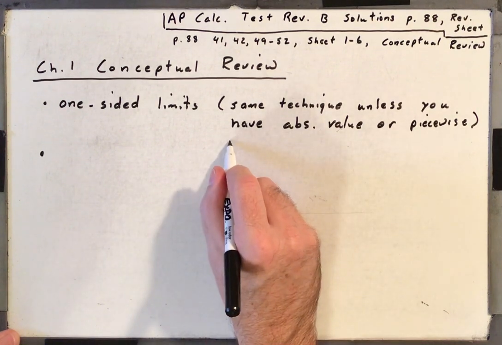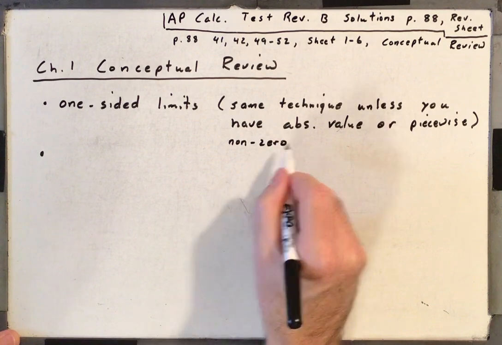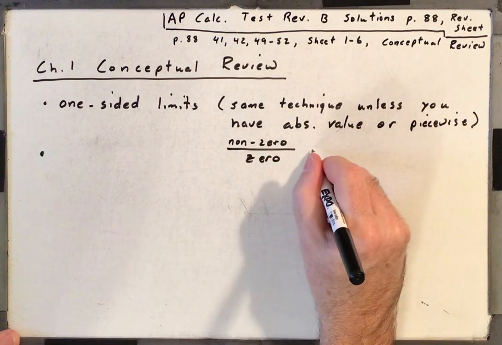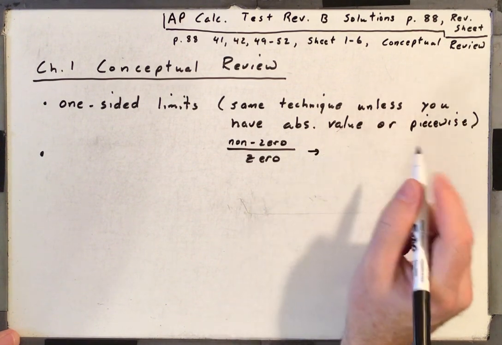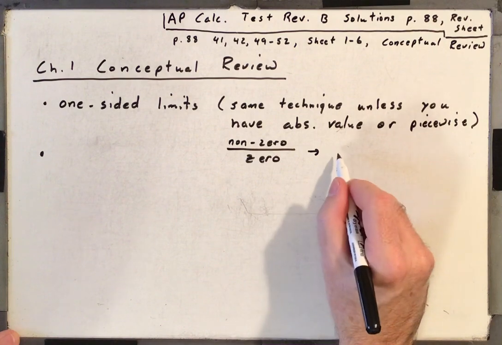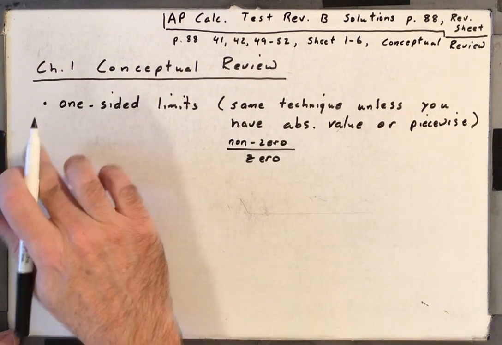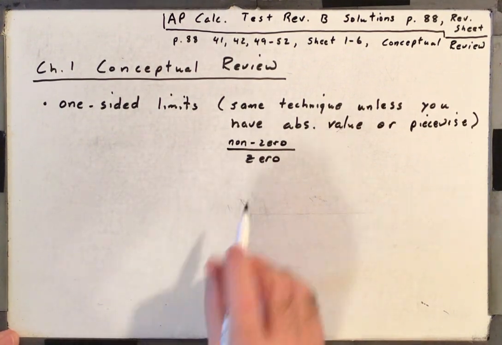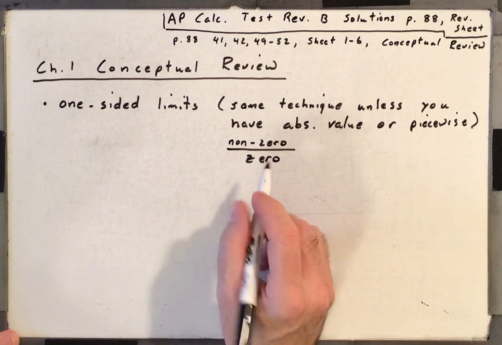Also, if you have non-zero over 0, you're going to end up having to do that small positive or small negative thing. Okay. But just to make sure, you look over all those problems that we did for that.